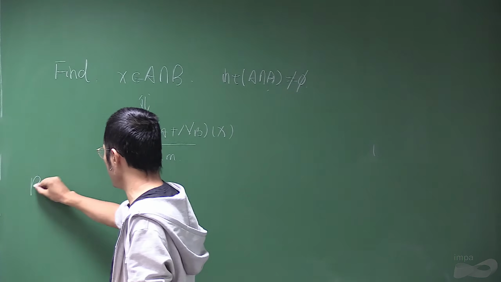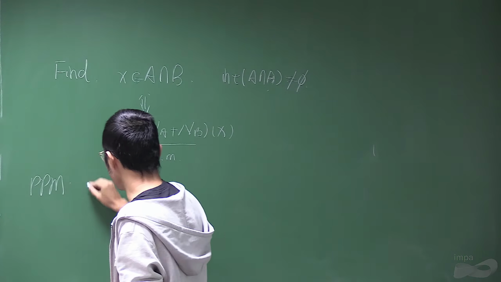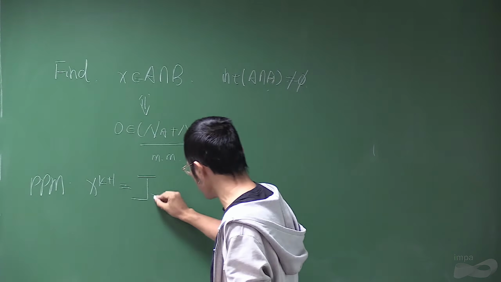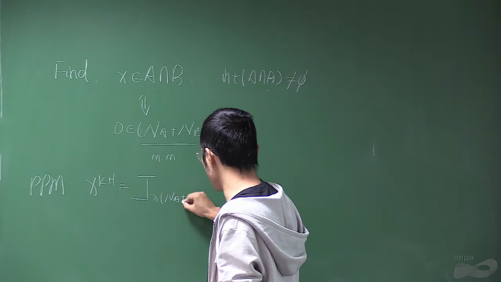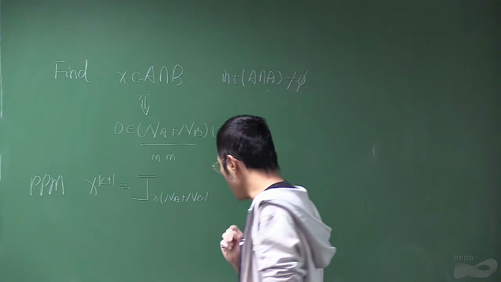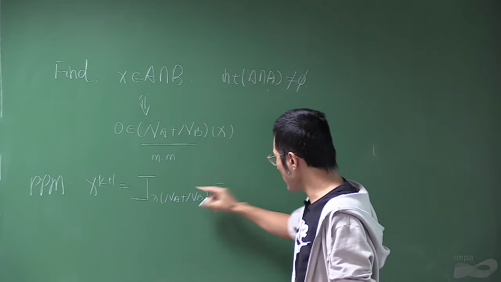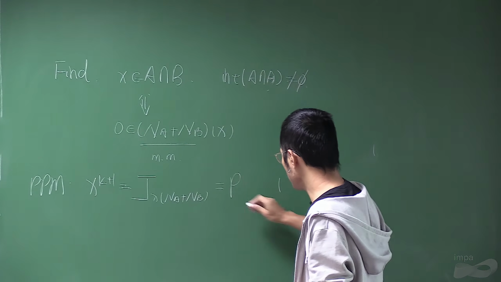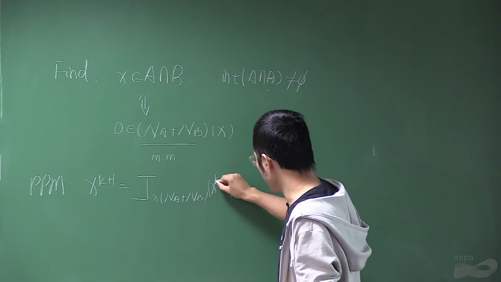Then we use the PPM, which is x_{k+1} equals the resolvent of N_A plus N_B, okay?